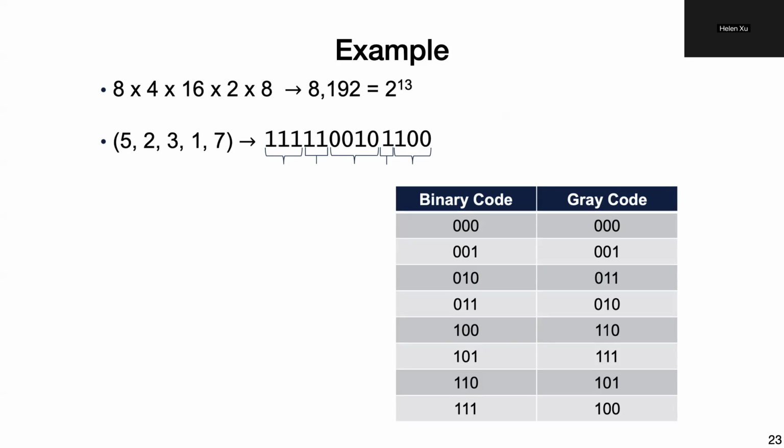And for 8, you need 3 bits. These are just powers of 2. So you break down this bit string, like 3, 2, 4, 1, 3. And this is the mesh rank. You generate this entire bit string by looking up the gray code corresponding to each subpart of the mesh rank and concatenating them together.